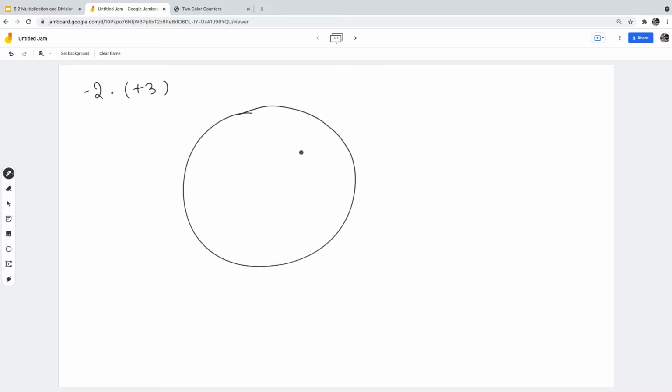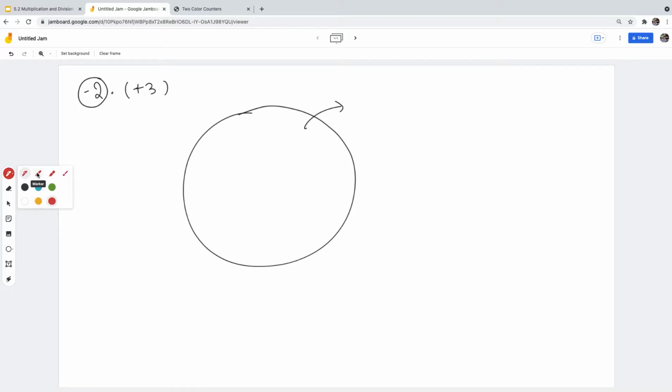We're gonna put in or take out. But since it's negative 2, we need to take out two sets of positive 3. But do we have anything? We don't. So let's think about making zeros. So there's nothing means it's 0.